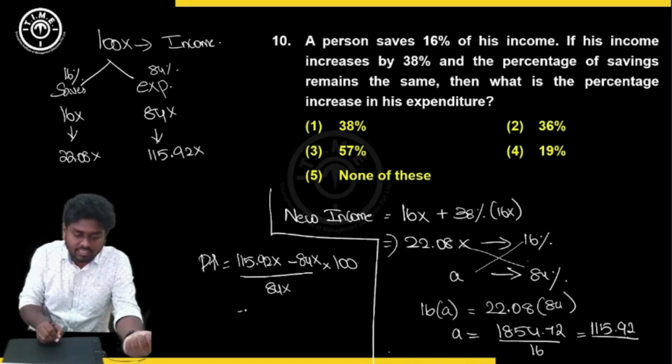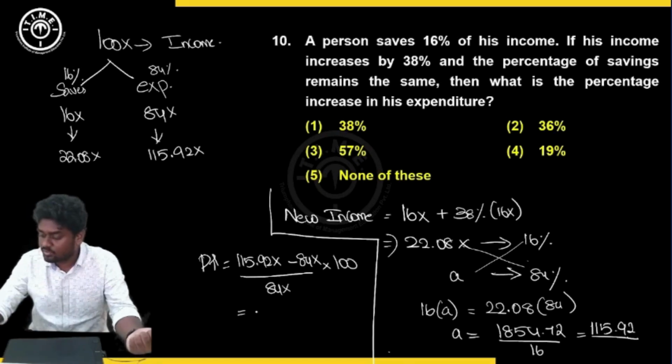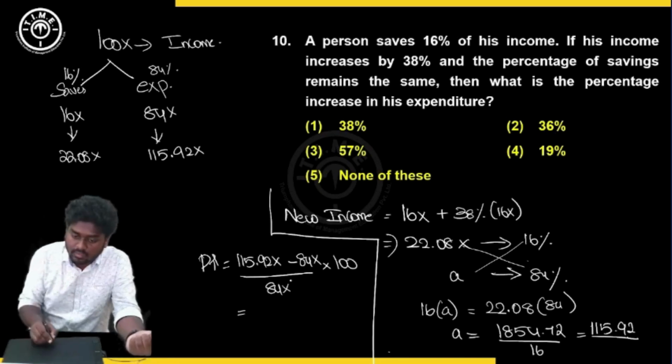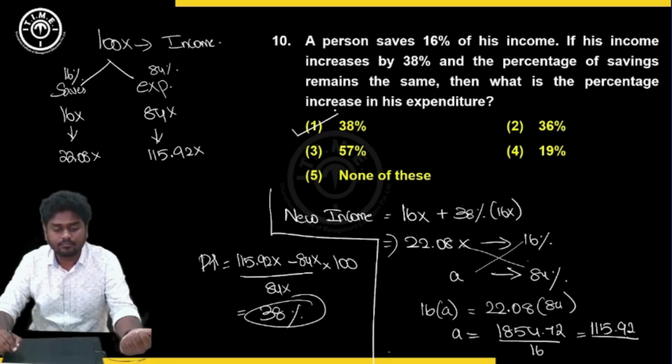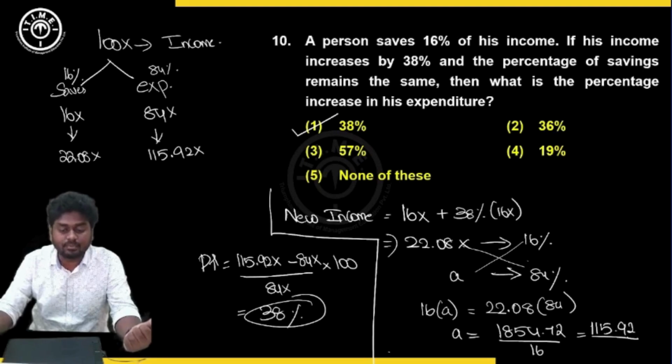Correct? This is how we calculate percentage increase. So if we solve from this, it shows a 38% increase. Right? So by solving this we get option 1, 38% is the increase in the expenditure.